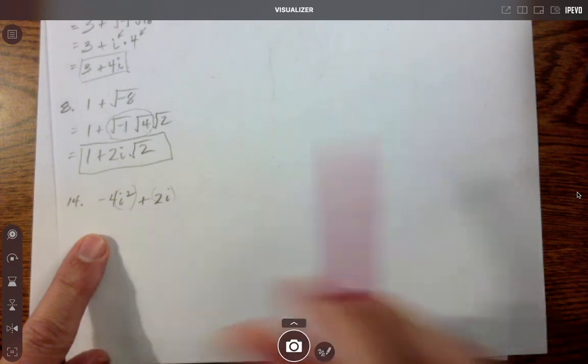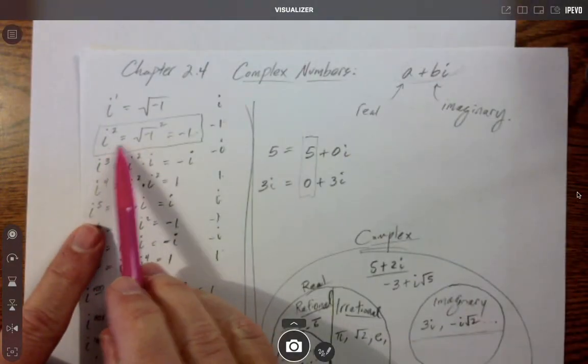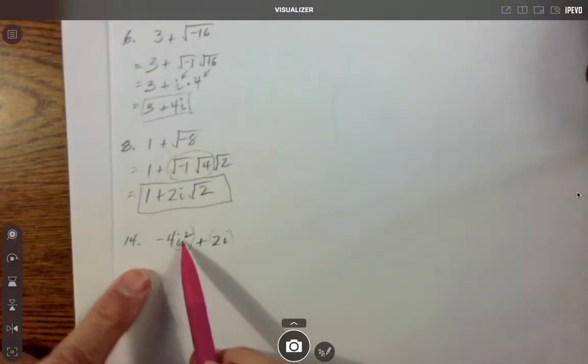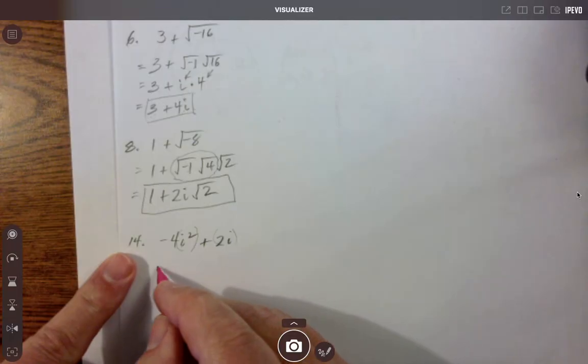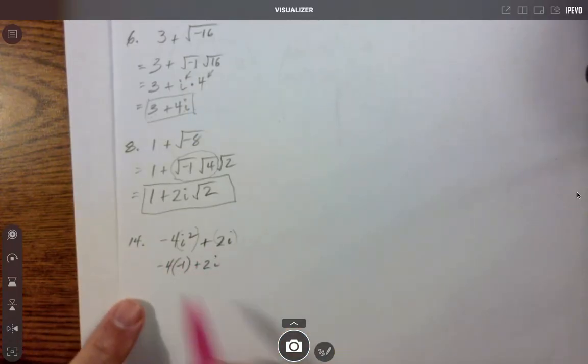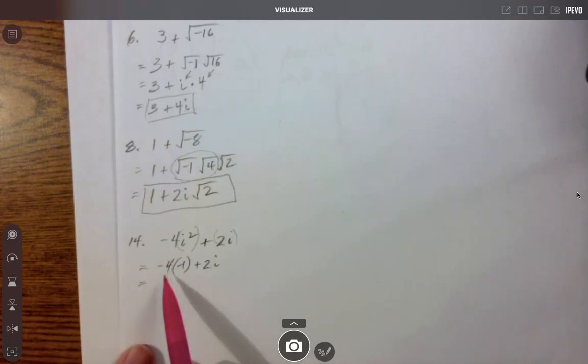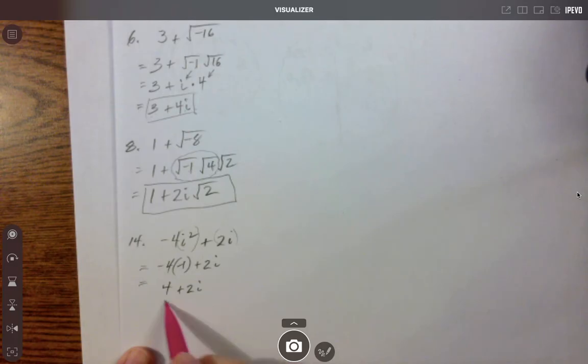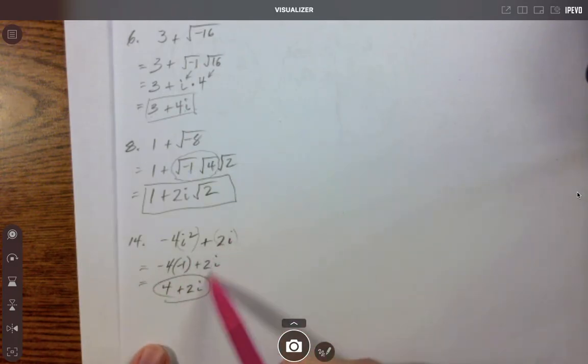What did we say i squared was? So if you flip back in your notes, you see right here, i squared is negative 1. So we're just going to change that i squared to a negative 1. And negative 4 times negative 1 is just 4, so that's 4 plus 2i. So that is how you write this in standard form.